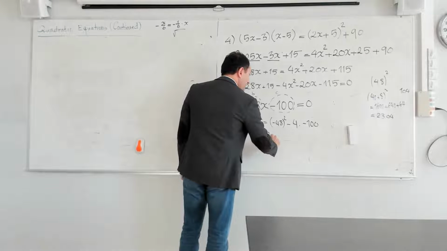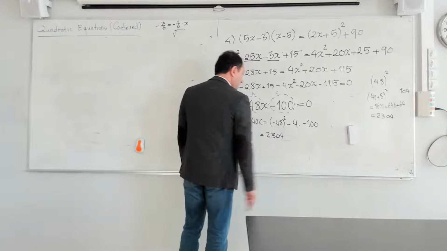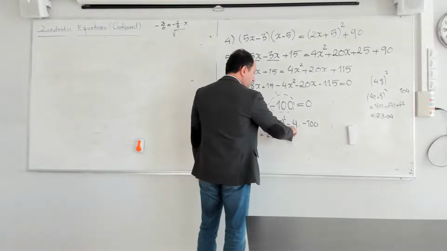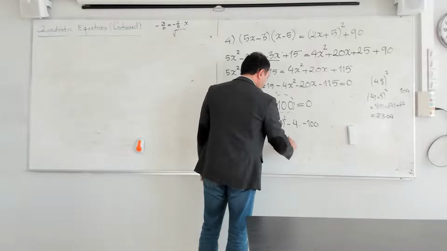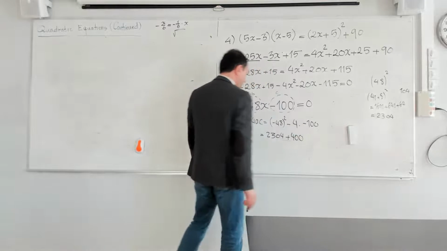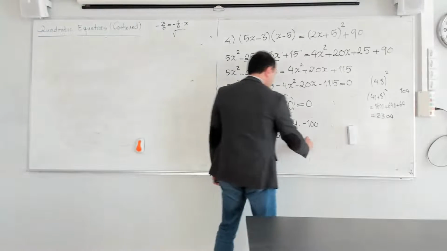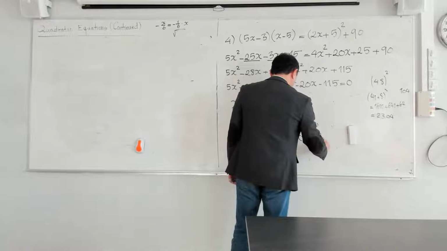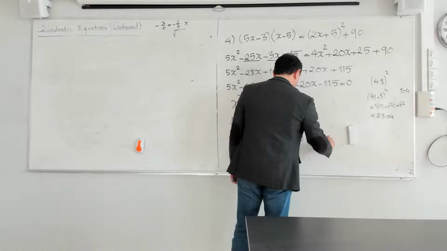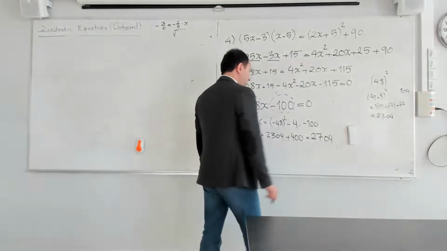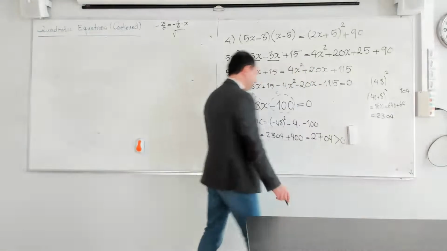This becomes 2,304, and then minus 4 times minus 100, it becomes positive 400. And then if I add them, it becomes 2,704. And it is positive.